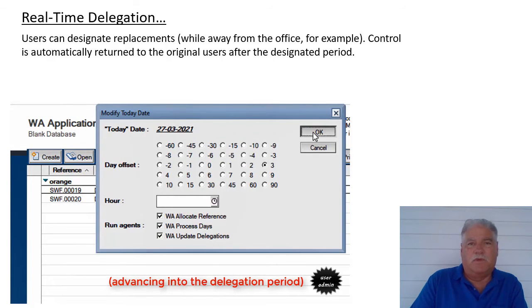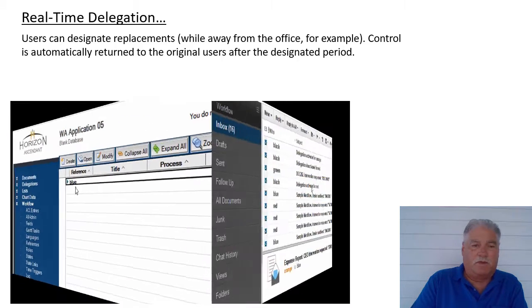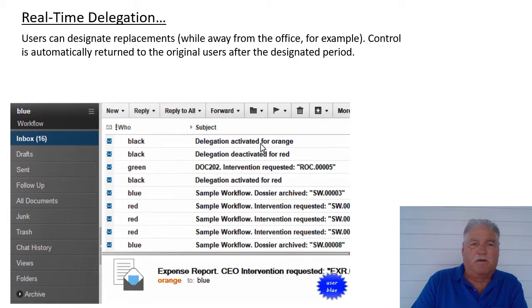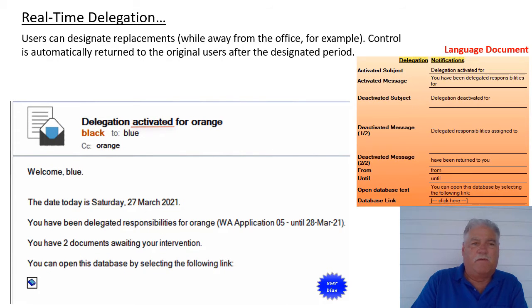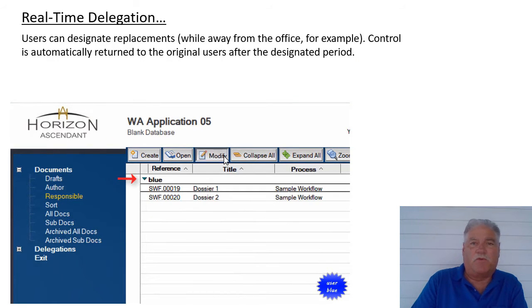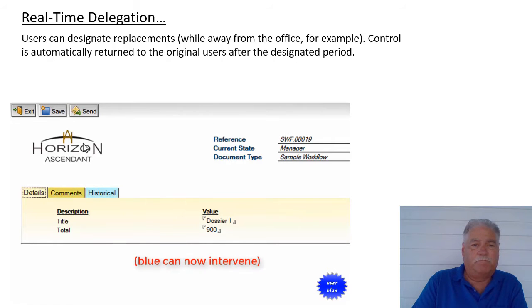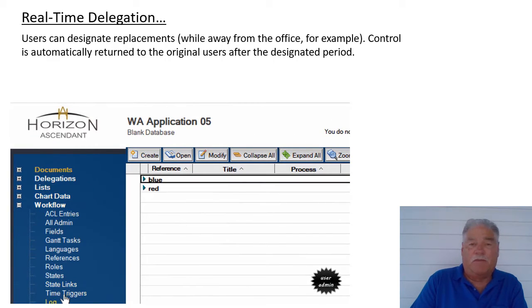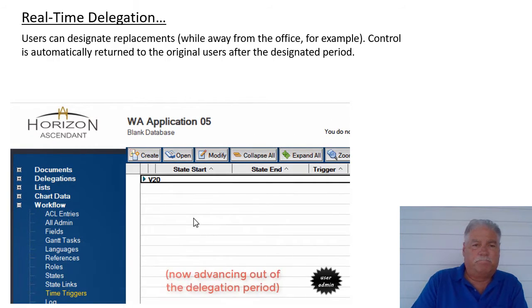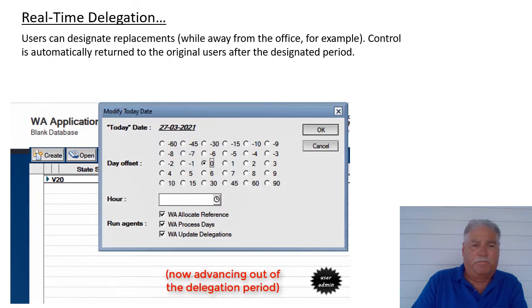Now advancing into the delegation period, we can see that the document has been allocated to Blue. An email has been sent notifying both users of the delegation. Blue will intervene in only half the documents. Also happens.